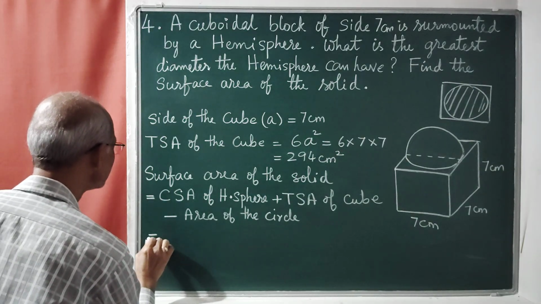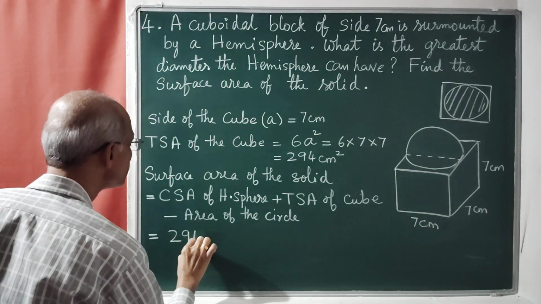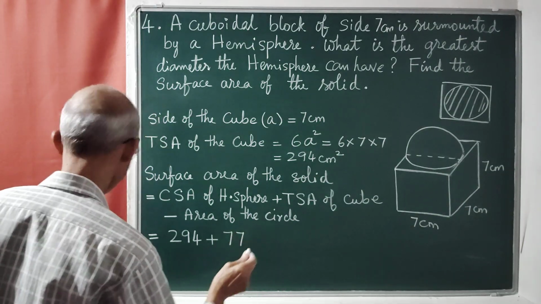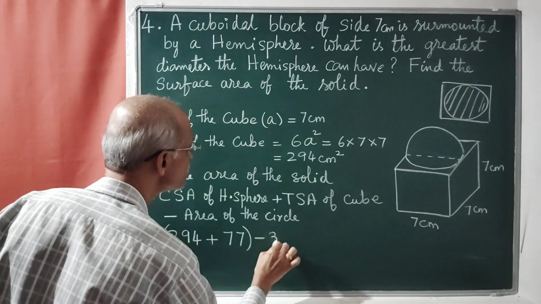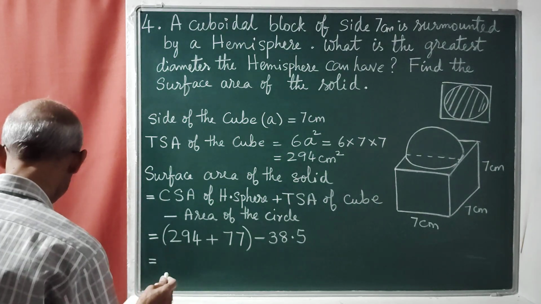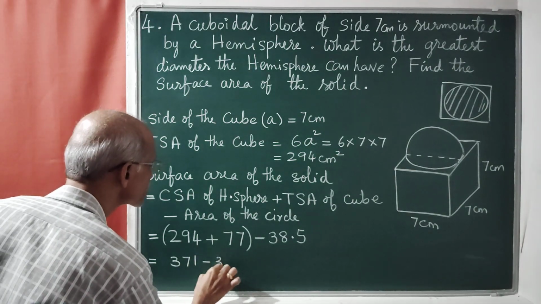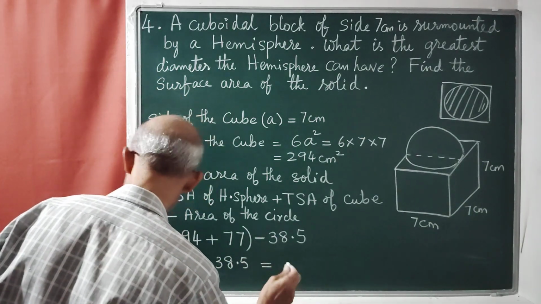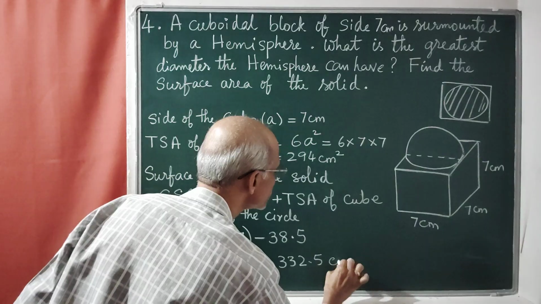So now that will be equal to 294 plus 77 minus 38.5, that's equal to 371 minus 38.5, that's equal to 332.5 centimeters square.